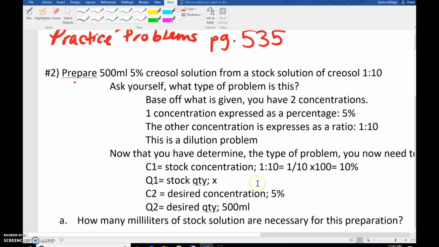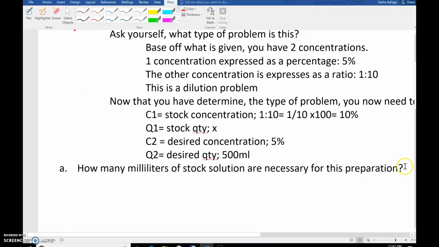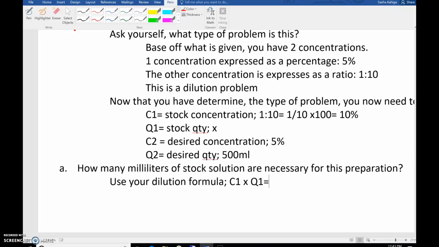All right. So now that you have determined what your components are, now you can solve the problem. The first part A says how many milliliters of stock solution are necessary for this preparation. In order to solve that, you're going to have to use your dilution formula, which, you guys know, is C1 times Q1 equals C2 times Q2.